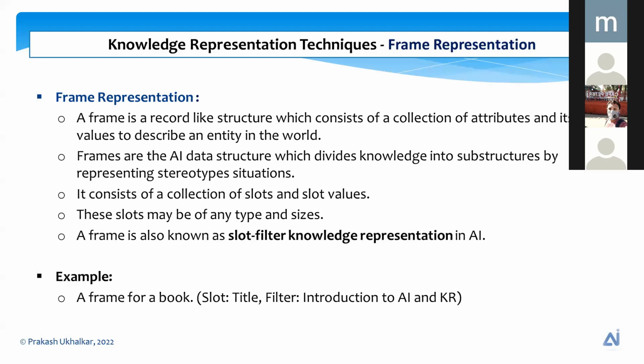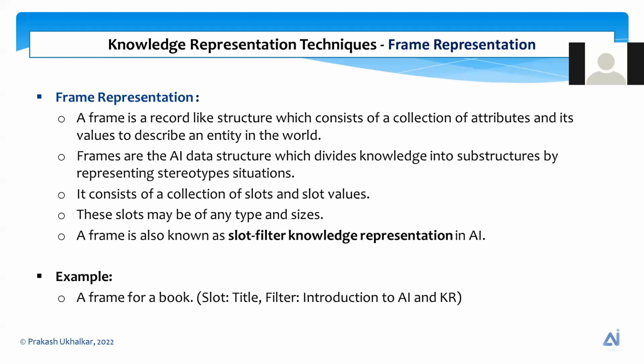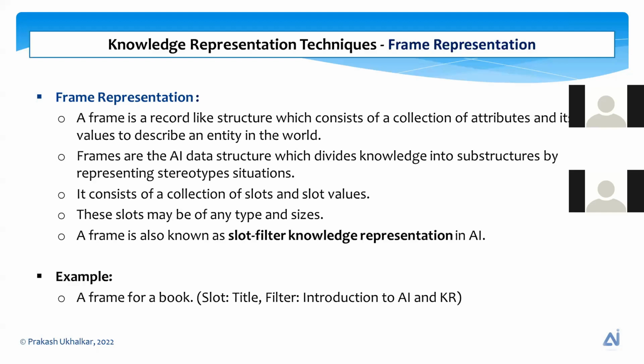And in the fillers, you can store information like, if it is the title, then Introduction to AI. If it is the author, then Russell and Norvig. So that is how information can be represented in tables, or here, in frames, for your understanding.